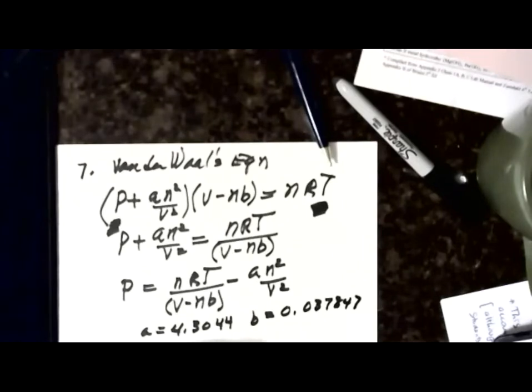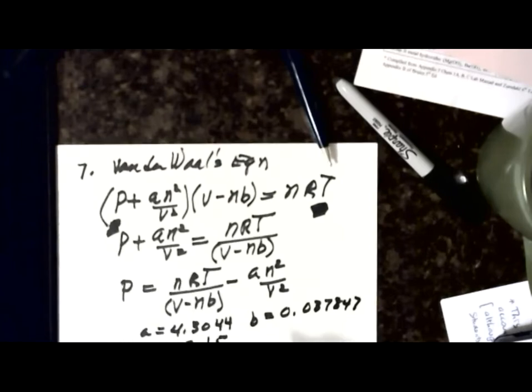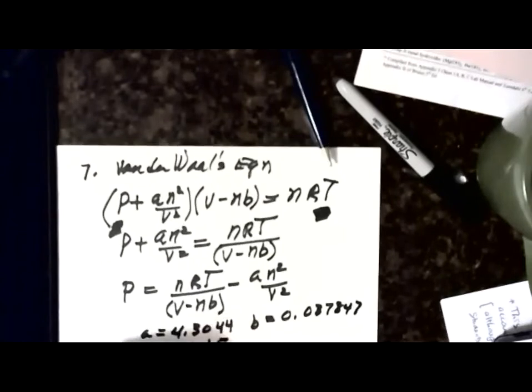The volume V is 2.15 liters. And the number of moles, well, the number of moles is 24.5 grams divided by the molar mass of ammonia. That's NH3.